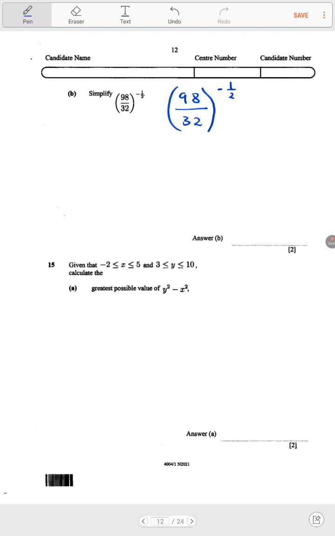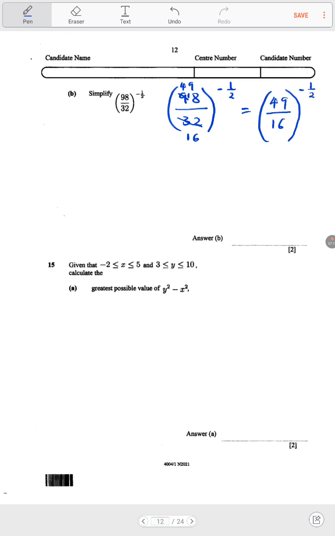Let's try 2. 2 into 32 is 16, 2 into 98 is 49. So we're going to have here 49 over 16 to the power minus half.